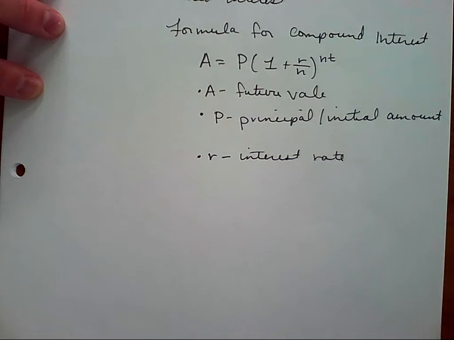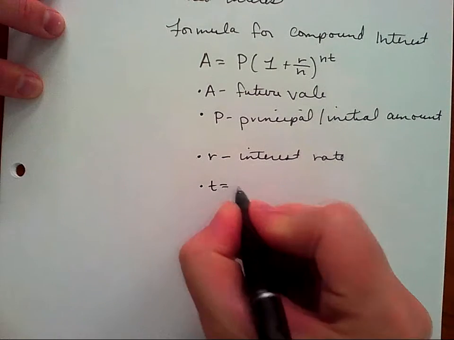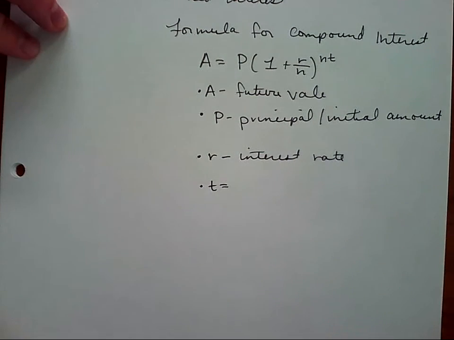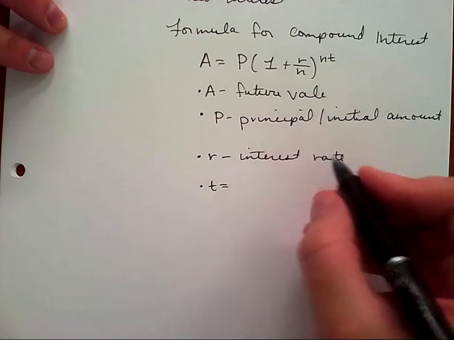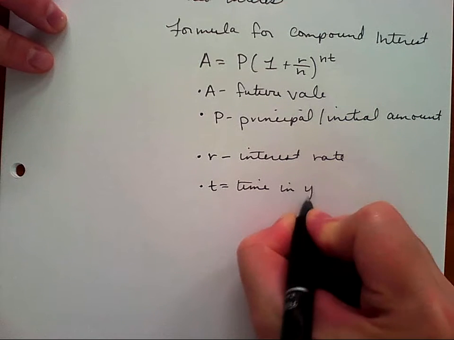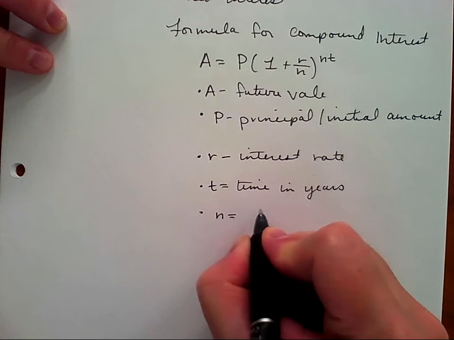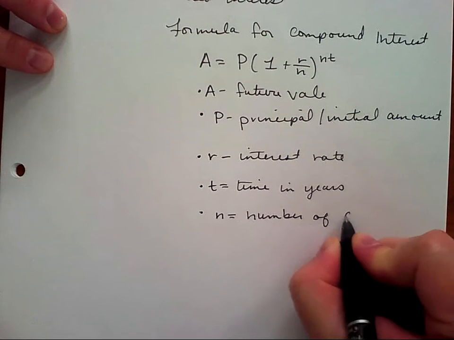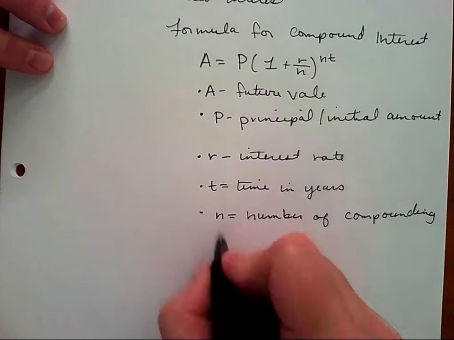So interest rate, what do we need to do with the interest rate? Need to know what it is. And it's usually a percentage, so we need to change that percent to a decimal, right? So again, interest rate is a percent. So T is time in years. And N is number of compounding periods per year.